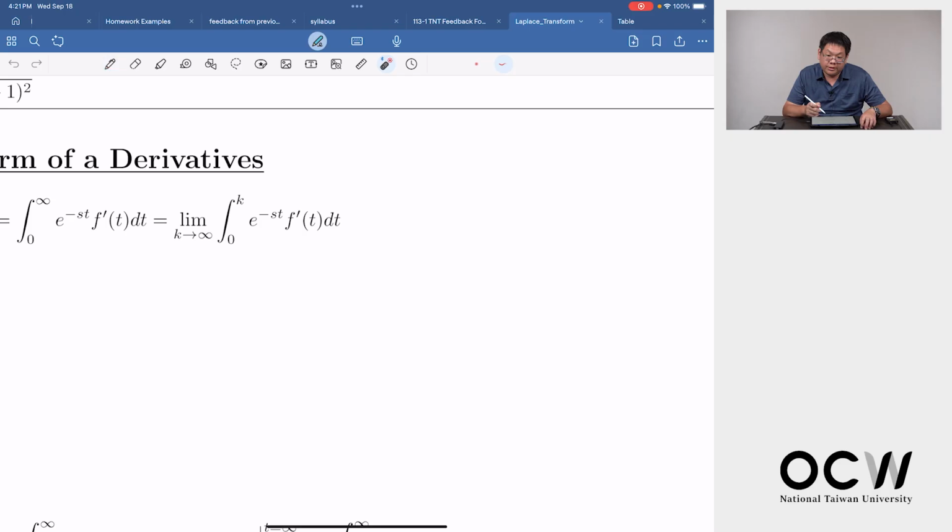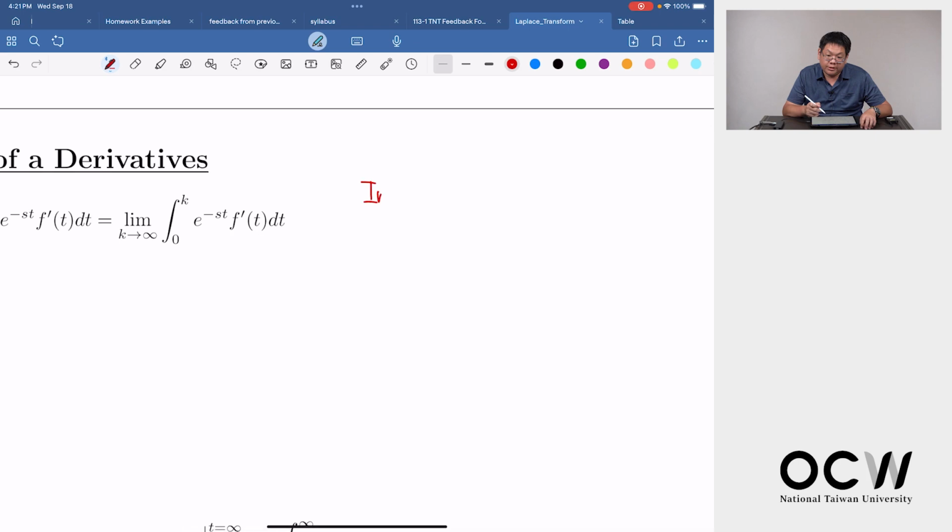So what is the integration by parts? Integration by parts. So that is the integral of u dv equals the function uv minus the integration of v du.